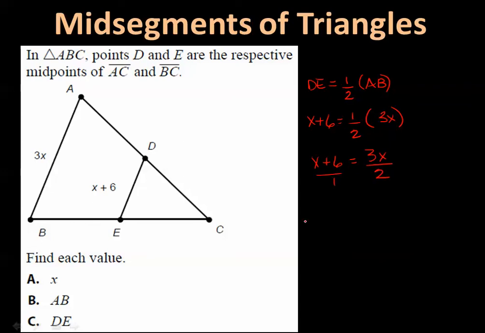Now remember, put in 1 there and do some cross multiplying. So I'm going to have 2x plus 12 equals 3x. Move that 2x over and you find out that x equals 12. You plug that in here. 3 times 12 is giving me 36. Plug that in here. And it works out because half of 36 is going to give me 18.